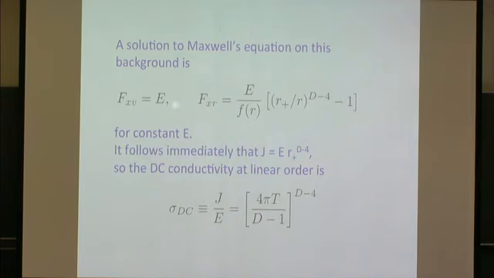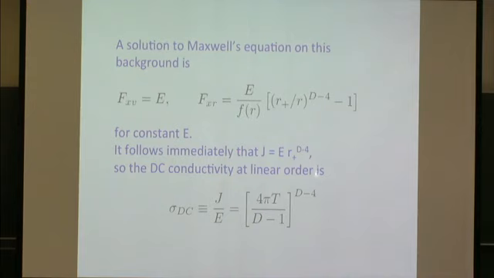So you have to subtract off the E over f term, that's the minus 1, and you find that you get an r_+ over r^(d-4). This solves the Maxwell equation, and it's also the right falloff to induce a current. The current is, in fact, just this coefficient, E times r_+^(d-4). And so the conductivity, which is J over E, is r_+^(d-4).